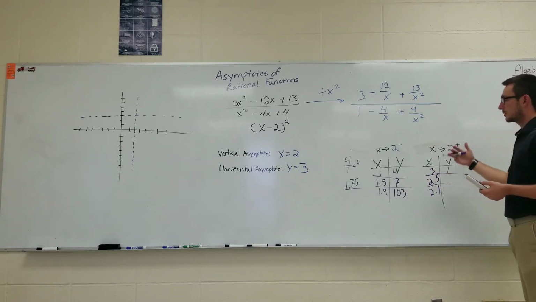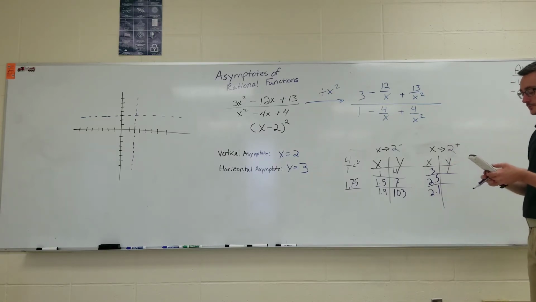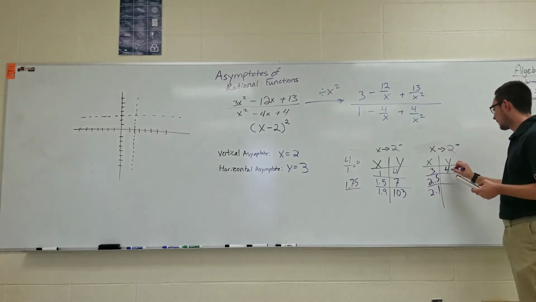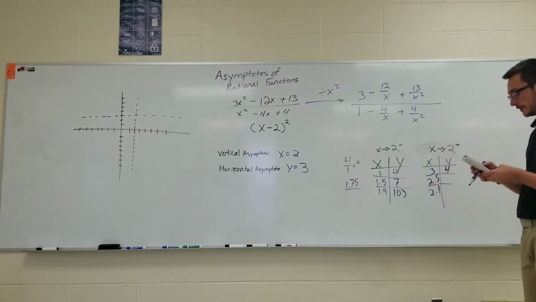Let's do the same thing with these numbers approaching from the right. So I'm going to try just 3 right off the bat. It's going to give me 4 as well. Let's try 2.5.